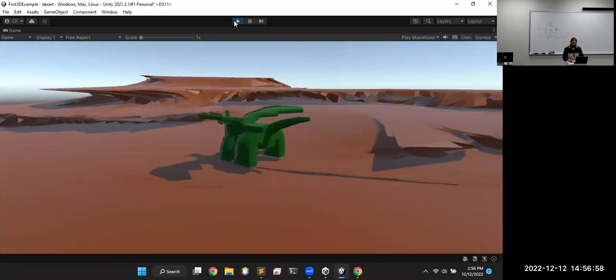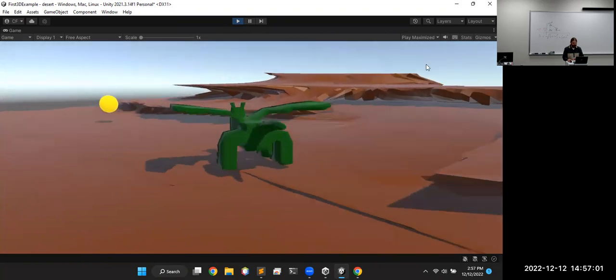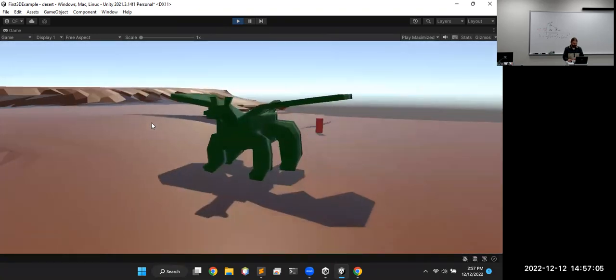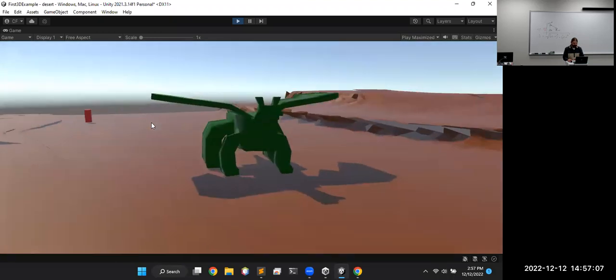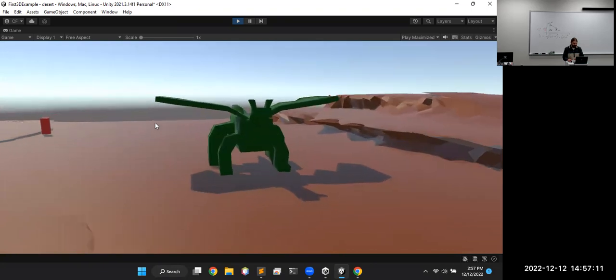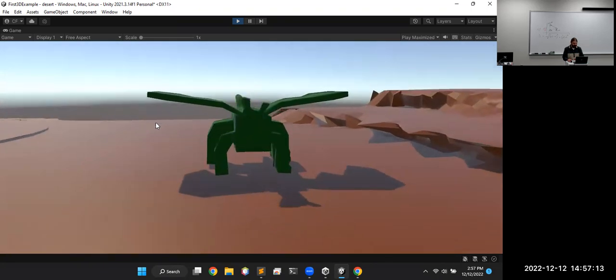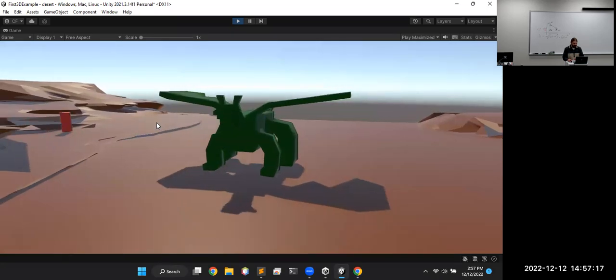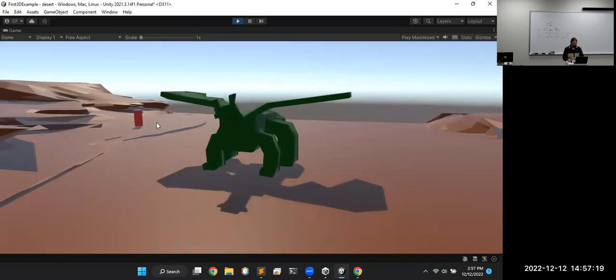That looked like a better distance. If I can get my camera in a better spot, there we go. Just walking through his patrol, and we should see him turn and move towards the character at some point.